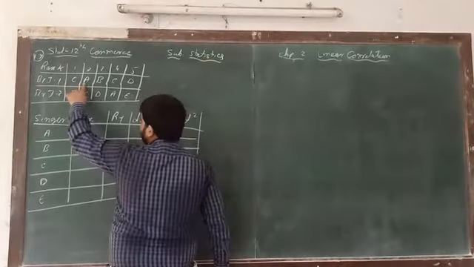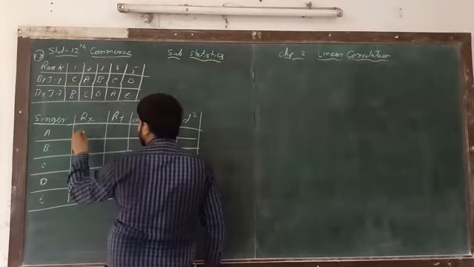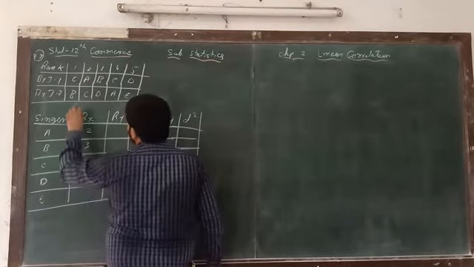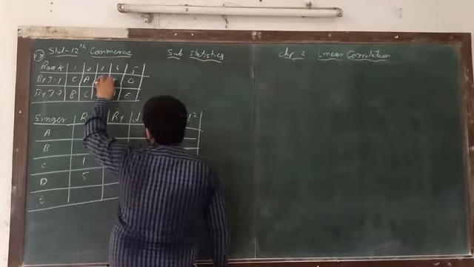Now see carefully. A is given number 2, B 3, C 1, D 5, and E 4.